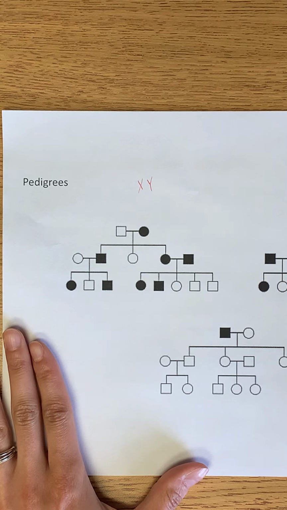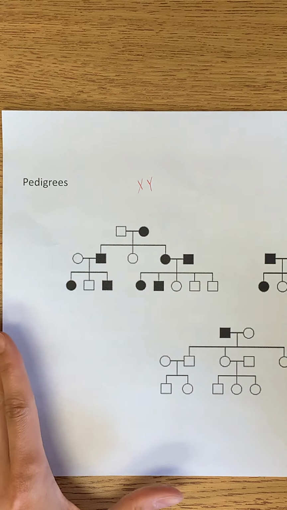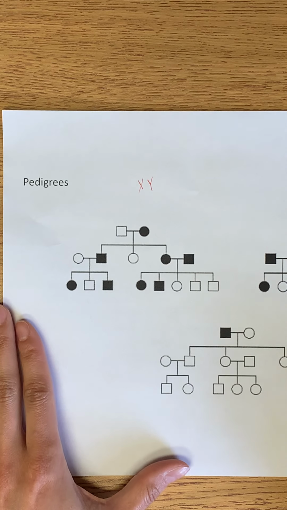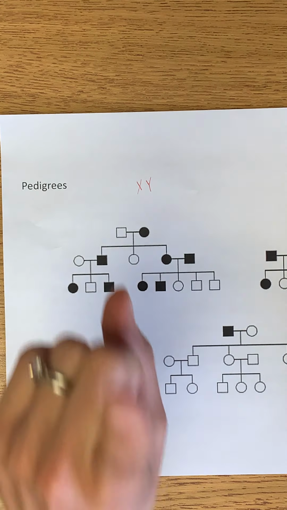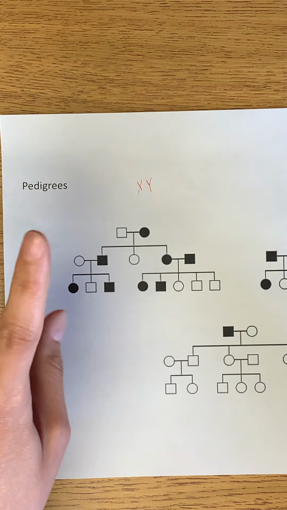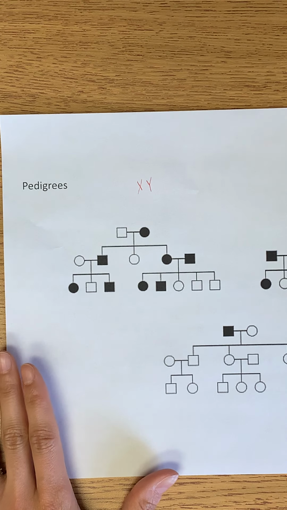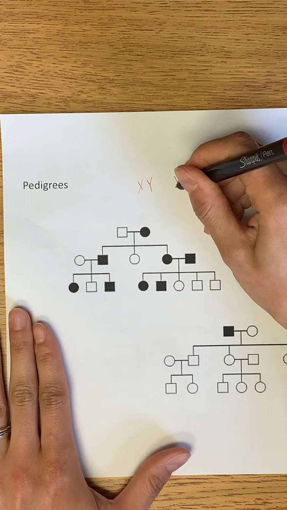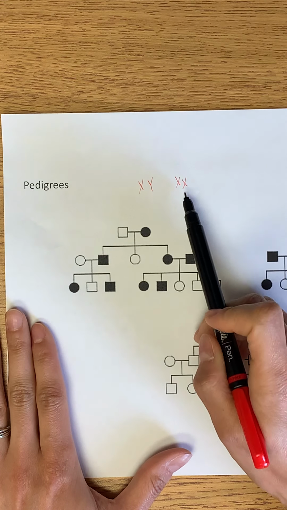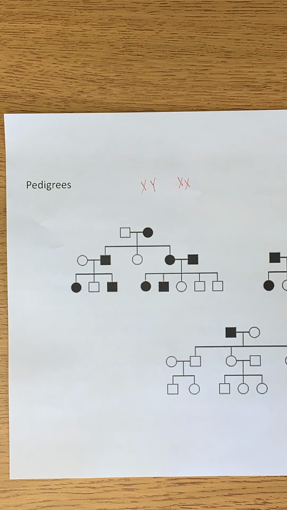Whereas with a sex-linked disorder, more commonly we're dealing with males that are affected. That's because they only get one X. So if they carry a certain disease on their X chromosome, they're going to express it. Whereas females are XX, they have two X's. So if one of their X's is affected but the other is not, then they won't express that disease phenotype.